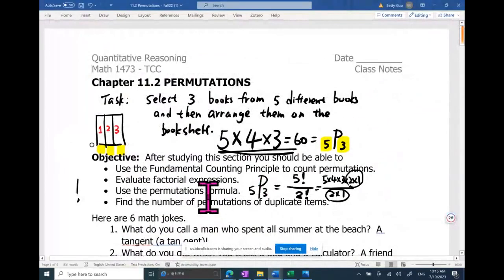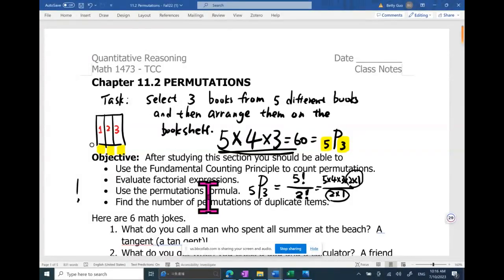So, do you have an idea about what a permutation is now? In a situation of permutation, the order of the items makes a difference, or matters. And all other examples about permutation would have the same pattern as the example that I gave you.